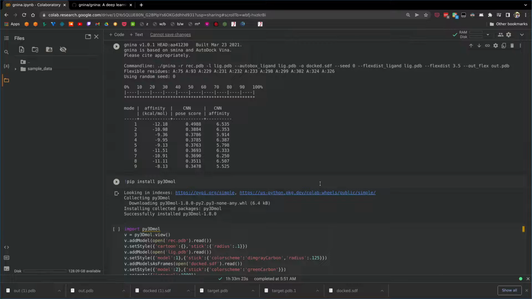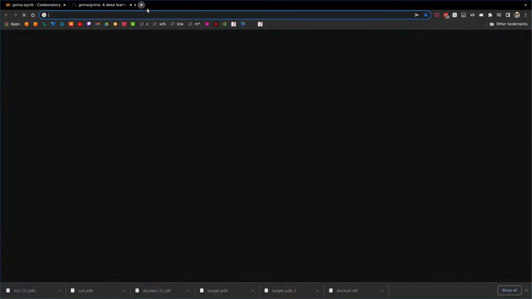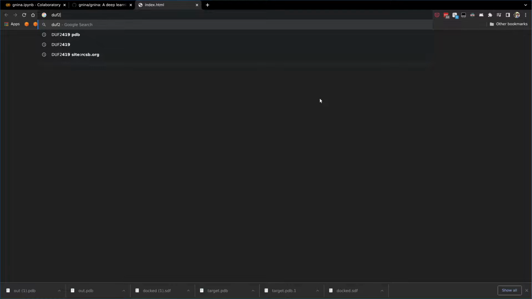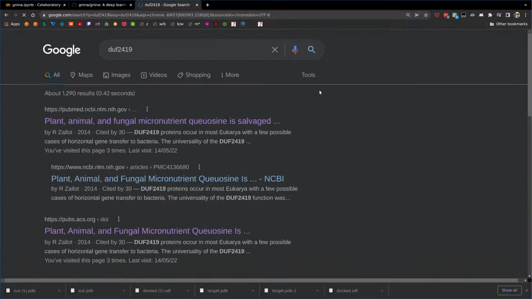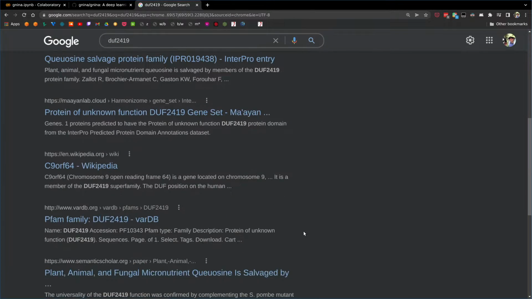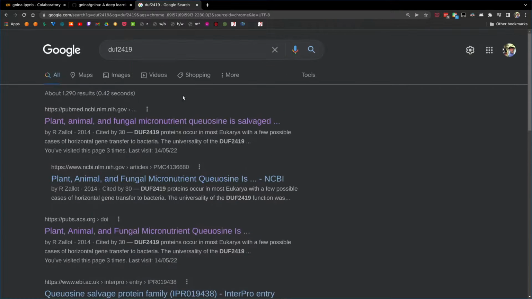And then I guess the thing we'd want to do is a sanity check on that, and just look at it, use our big brains and use science. DUF2419. And we saw that here, in the PDB.